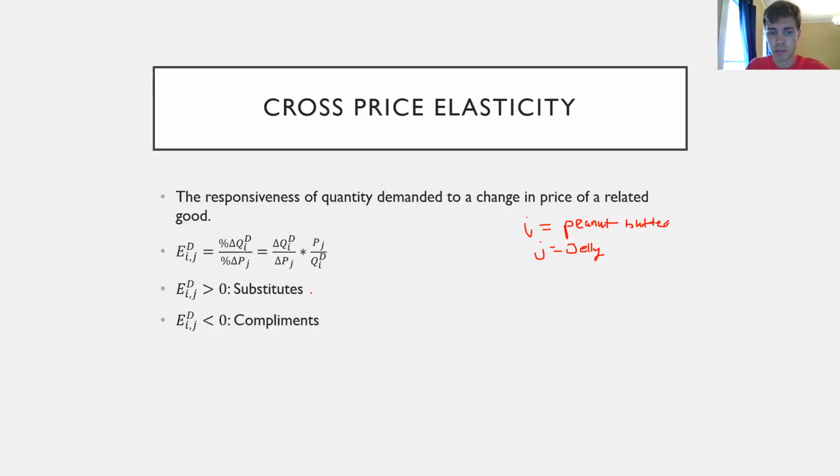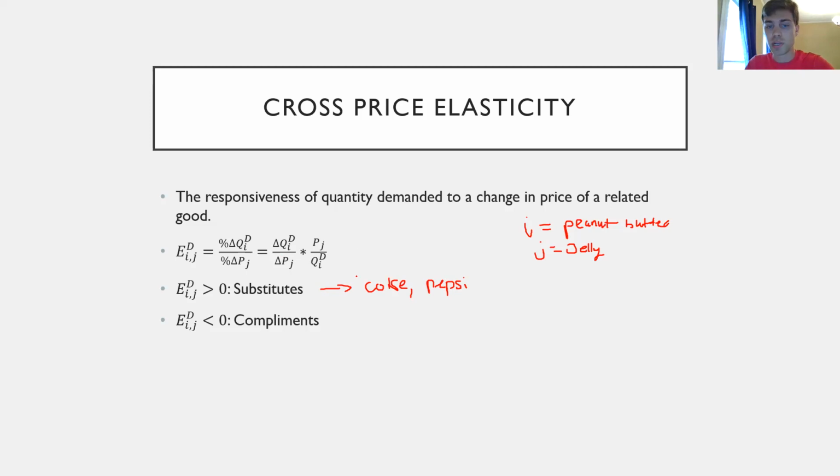Substitutes are goods that can be interchanged between one or the other. The one I always think of is Coke and Pepsi. These are both types of colas, so typically people that drink one will also drink the other. If the price of one substitute goes up, people will switch and buy the other good.